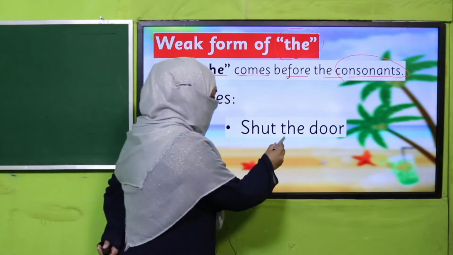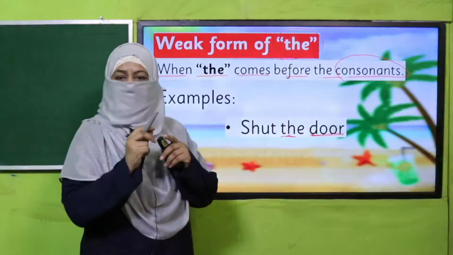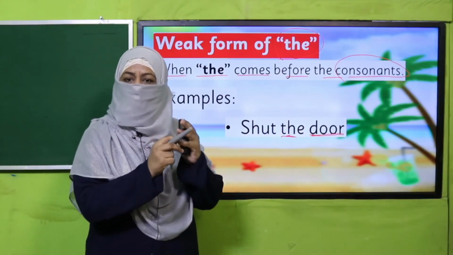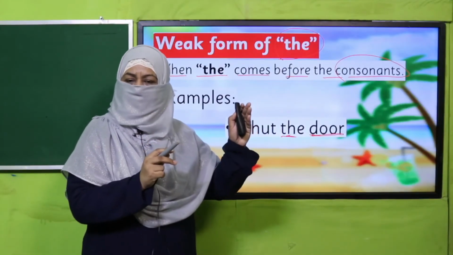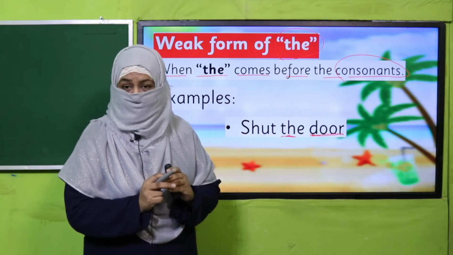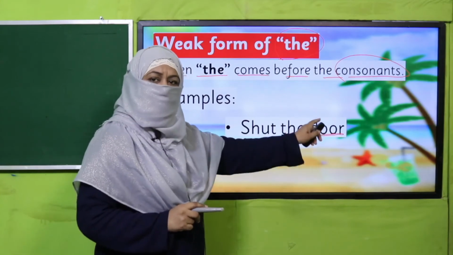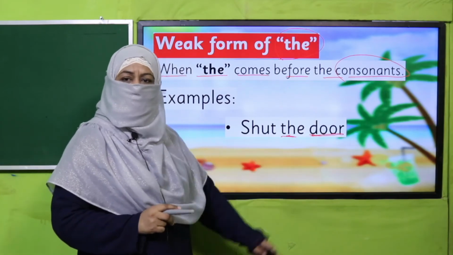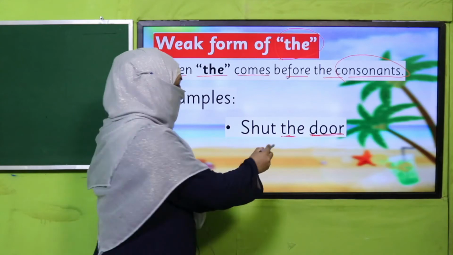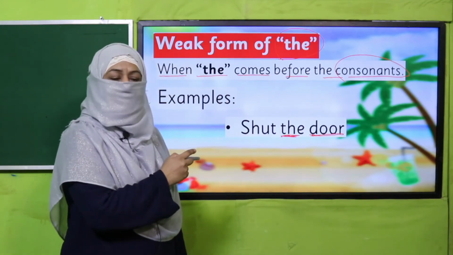So when after this word you find the next word starting with a consonant sound. And what are consonants? When we take A, E, I, O, U out of the English alphabet, the rest, 21 letters, are consonants, right? So it's not A, not E, not I, not O, not U. That's why it's a consonant. And when this word is coming before a consonant, we will say it "thuh."